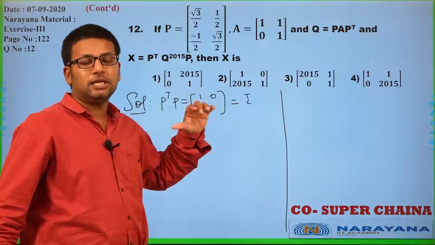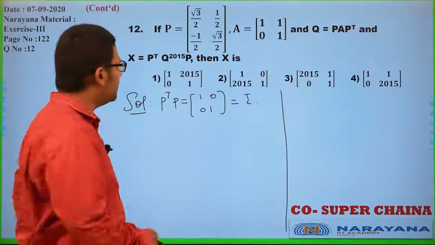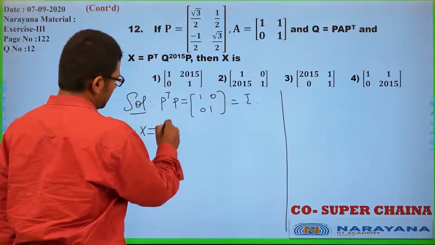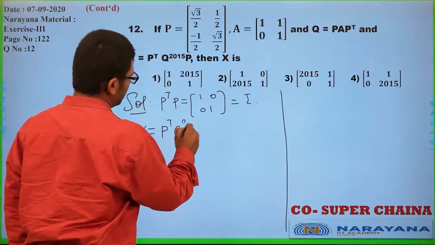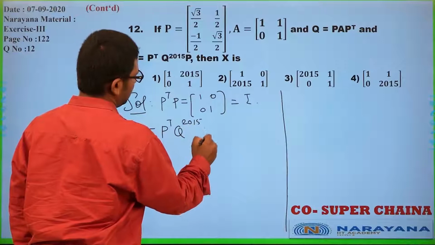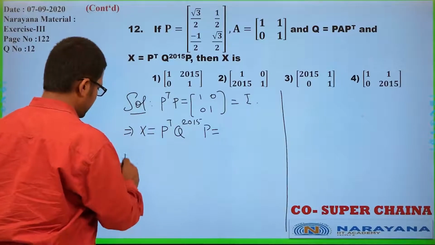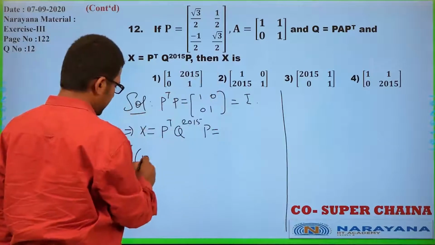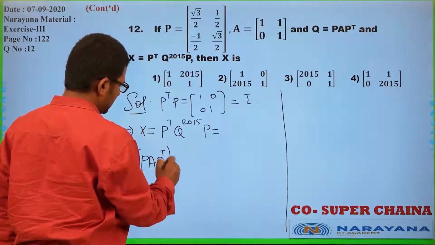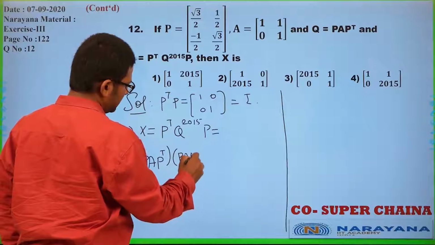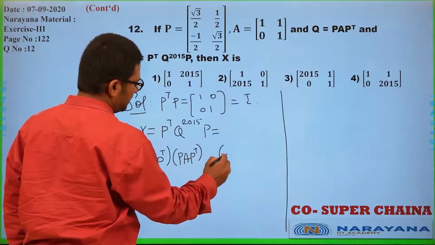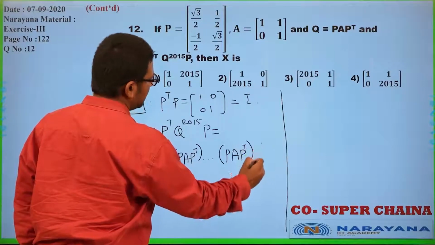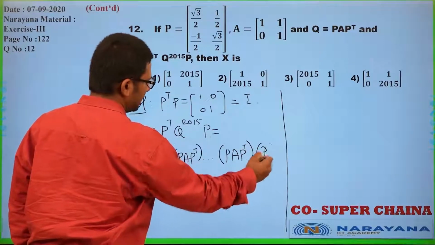It is I. Now this is going to be so useful because X, which is P transpose Q raised to 2015 P, which is P transpose into Q itself is PAP transpose into PAP transpose and so on, PAP transpose into P. Correct?